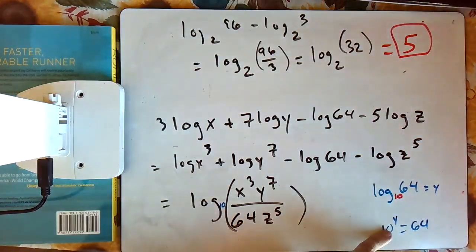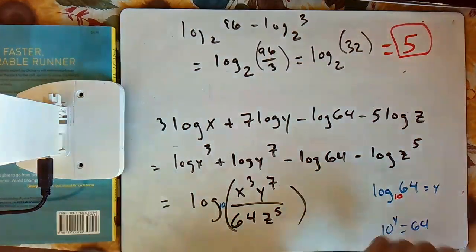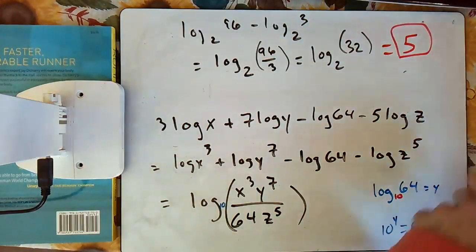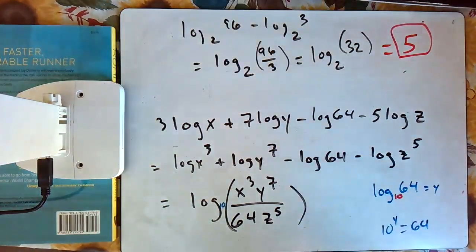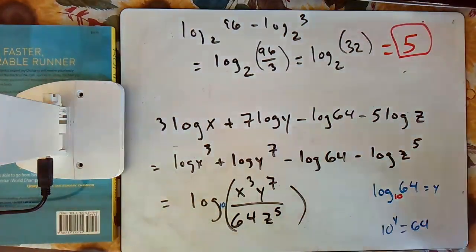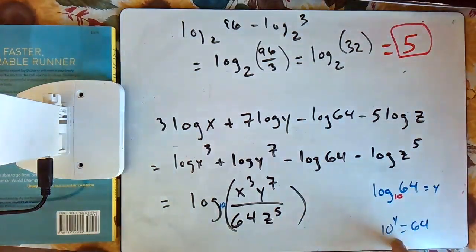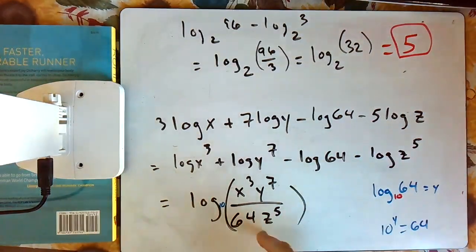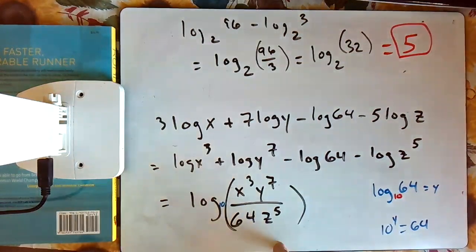You can't raise 10 to some nice whole number integer to get you to 64. Yes, you can solve it. It would be a decimal answer. That's what's talked about in future sections that we're getting up to. But you can't simplify that to something nice. So that would be your final answer right there.